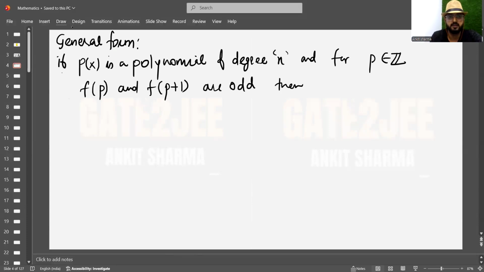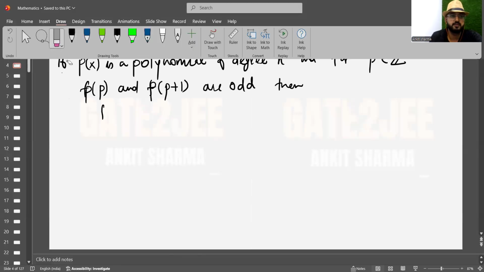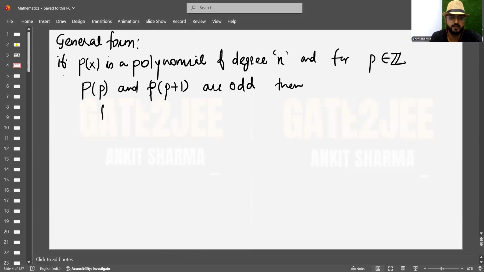then, p basically, not f, it's p we have taken, because this is my polynomial. So polynomial p, this p is a small value, so p of p and p of p plus 1 are both odd.